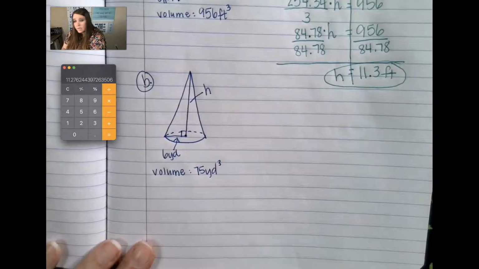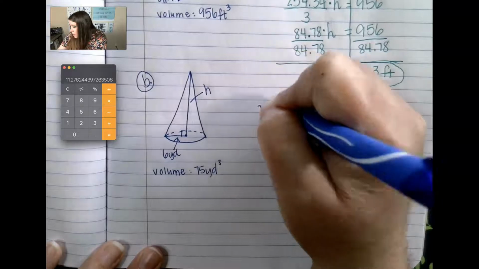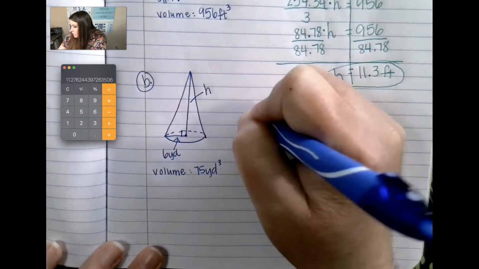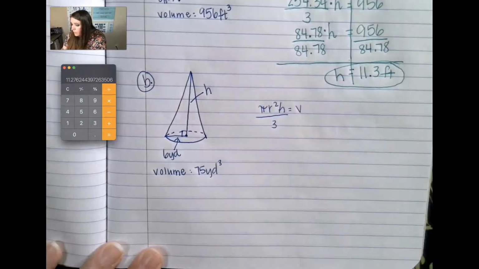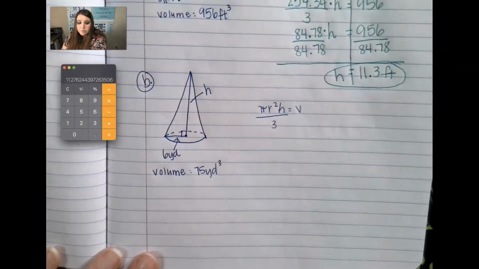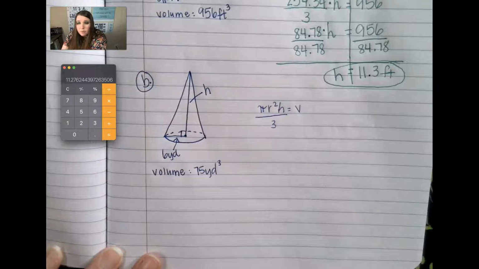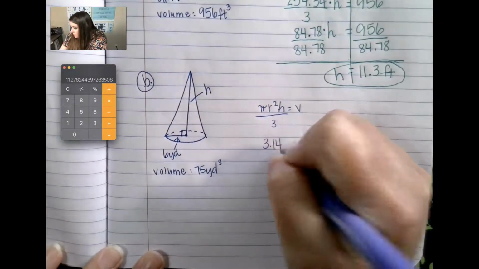Okay, same formula as before. I'm going to take pi r squared times my height, and that's going to equal the volume, but before I do that, I also need to divide by 3, because a cone is 1/3 a cylinder. Now let's go ahead and solve the parts that we know. We know pi is 3.14.